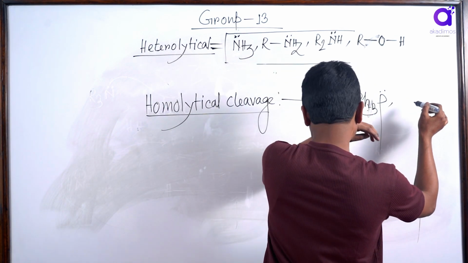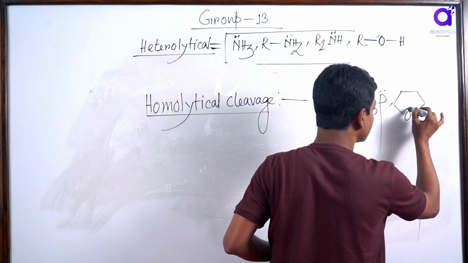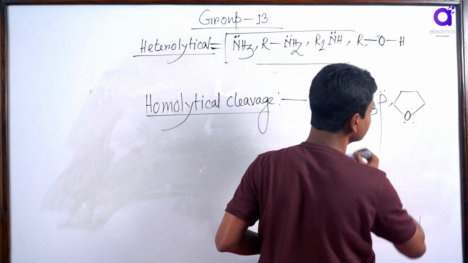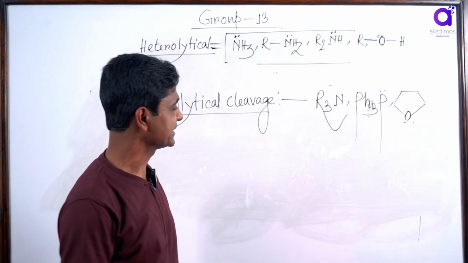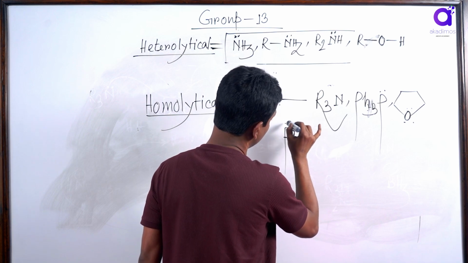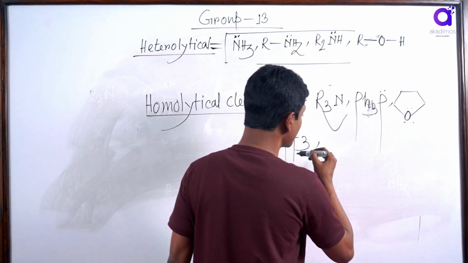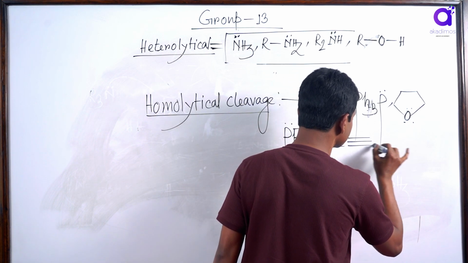If I take tetrahydrofuran, no hydrogen with oxygen, homolytical cleavage you will get. PF3, homolytical cleavage, no hydrogen with phosphorus. Carbon monoxide, you know, is a base.